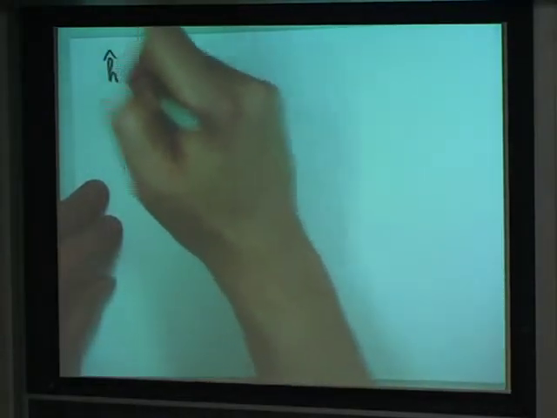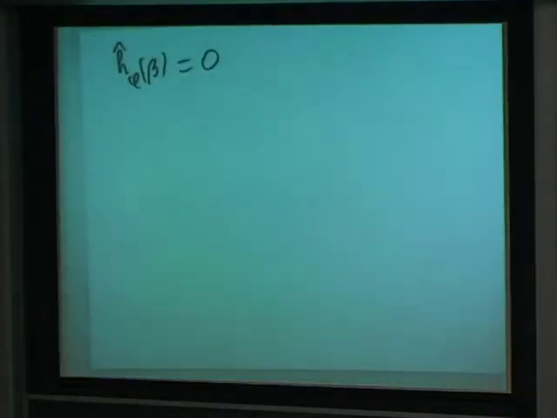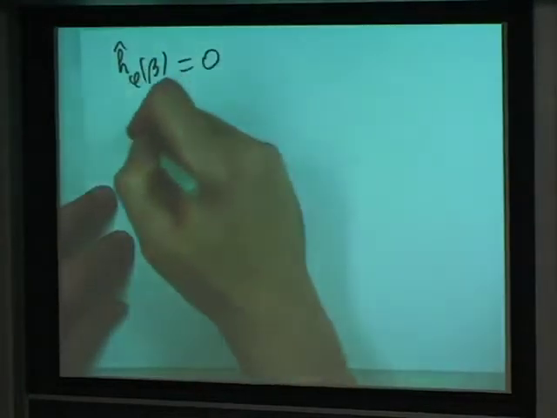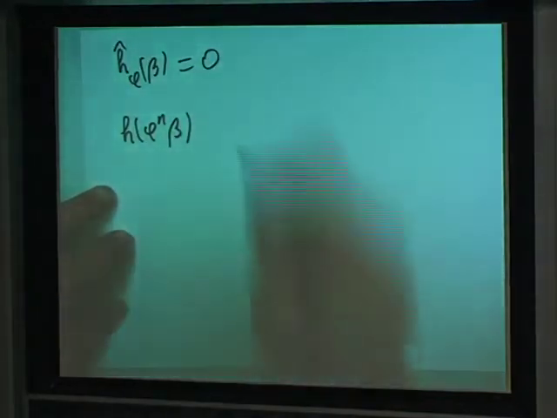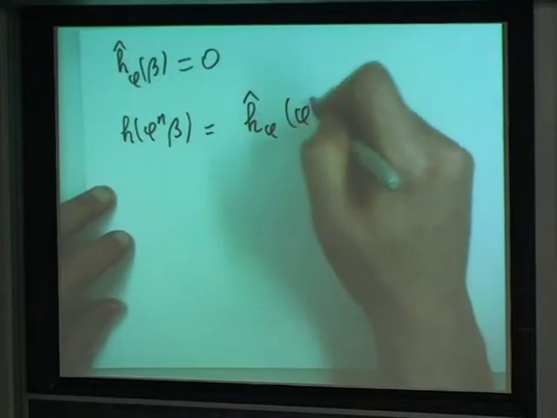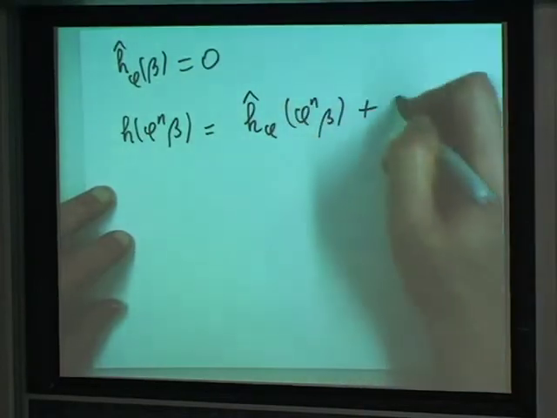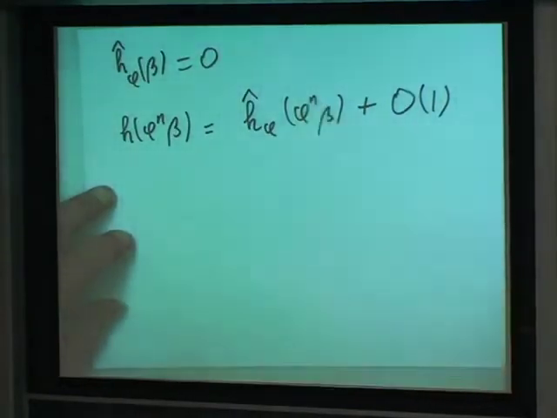The other part's also easy in some sense. So let's suppose that the canonical height is 0. Why does that imply that beta is preperiodic? Well, if I look at phi to the n of beta and look at its height, that's the canonical height of phi to the n of beta up to some bounded amount, where the bound, remember, is independent of beta and independent of n.